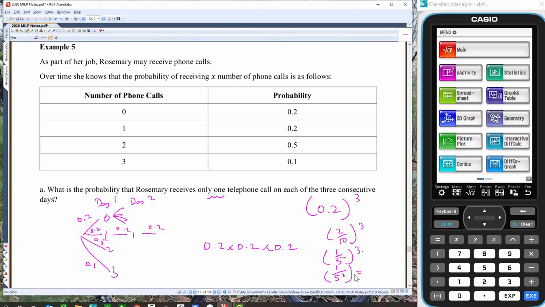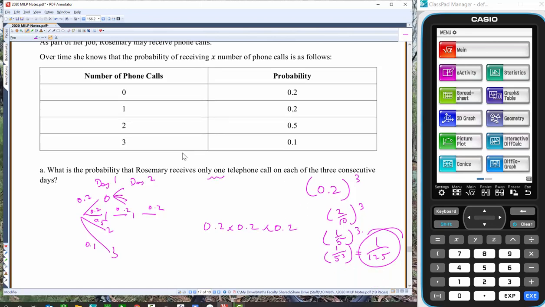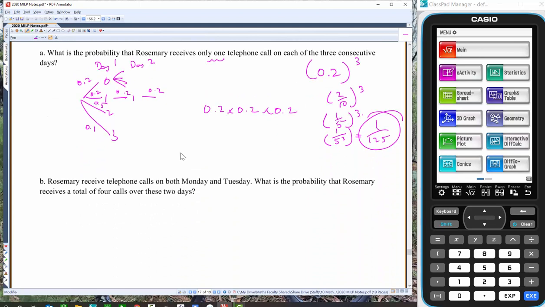So that's 1 over 5 cubed. Now, 5 5s are 25, and 25 times 5 is 125. So our answer is the chance of her receiving only 1 telephone call on each of the 3 consecutive days is 1 in 125.